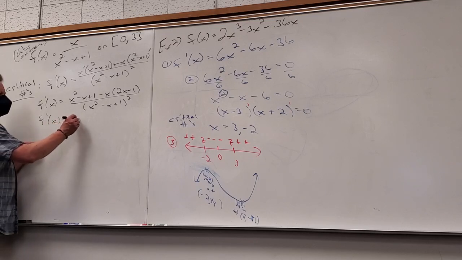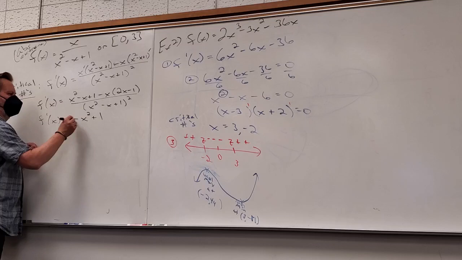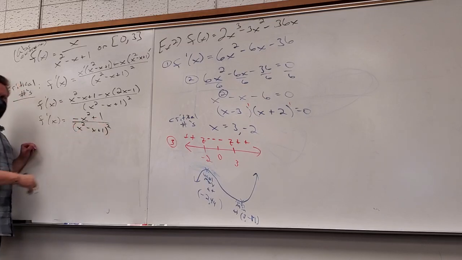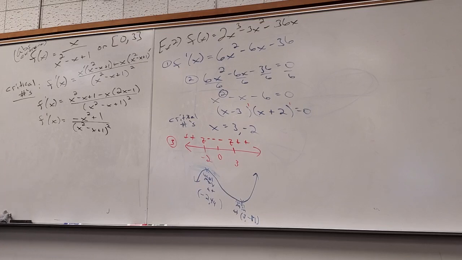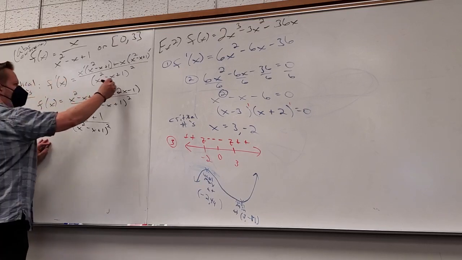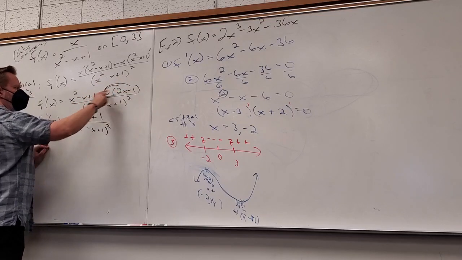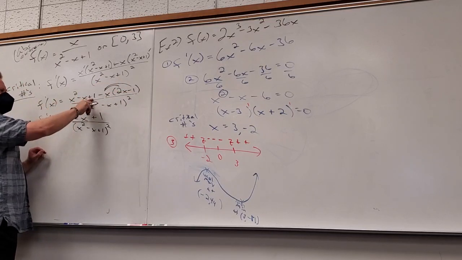Get this here. Because we get minus 2x squared plus x squared is negative x squared. Plus x minus x. So those cancel, then you get just plus 1 like this.